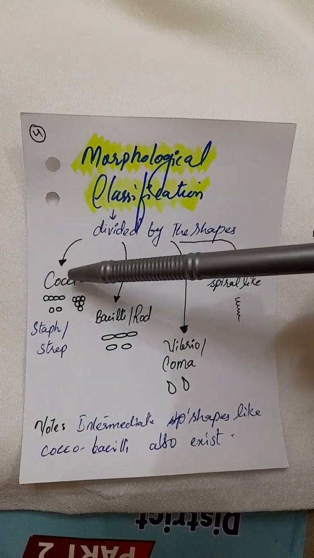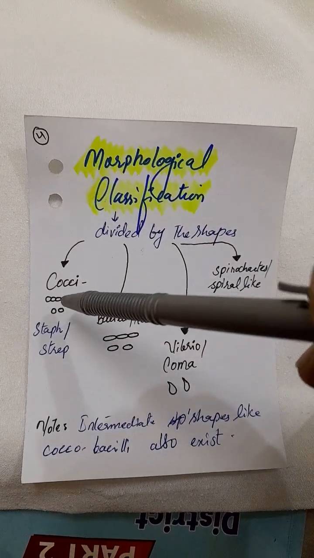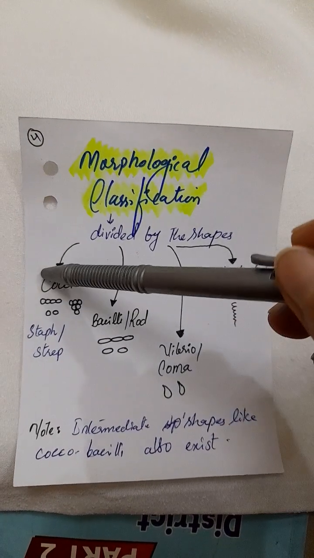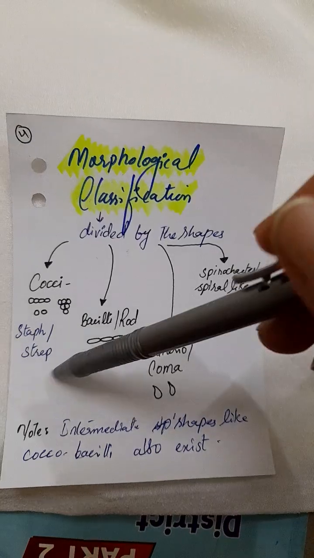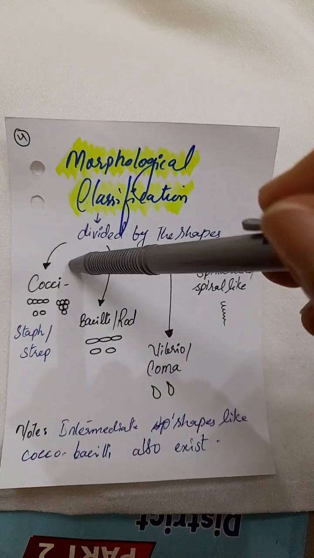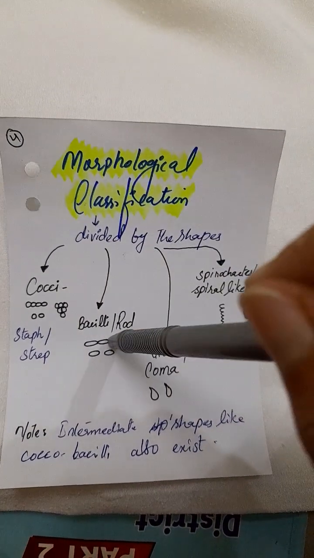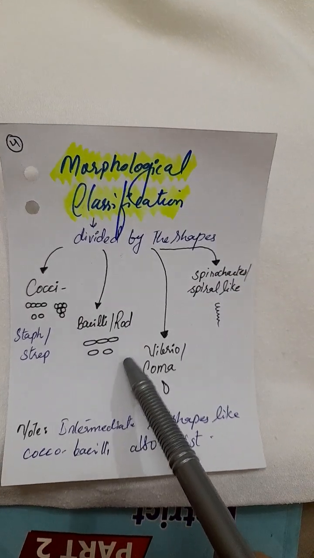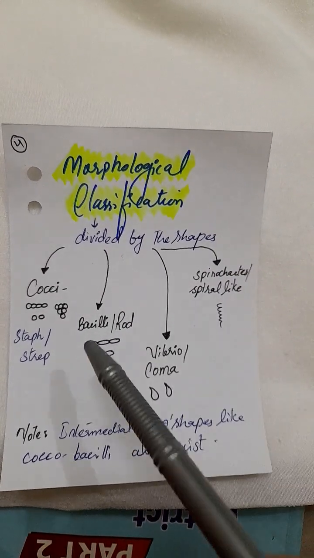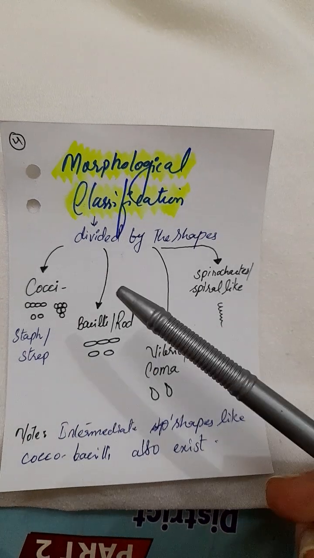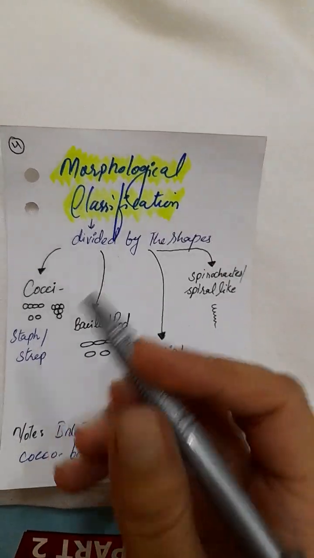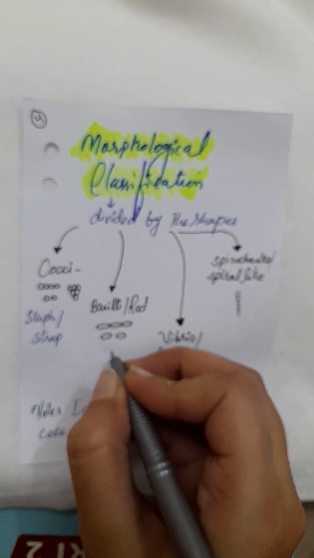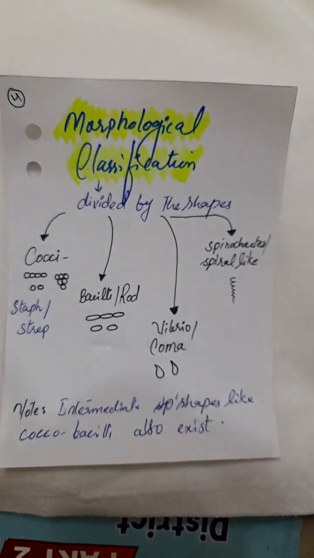The first type is morphology, which is based on the shapes of the bacteria. The first one is cocci, which may be in cluster form, chain form, or single form. Staph or strep are under the cocci shape. The next one is bacilli, or rod shape. They may be in chain form, separate, or double form, two cells like a diplo.